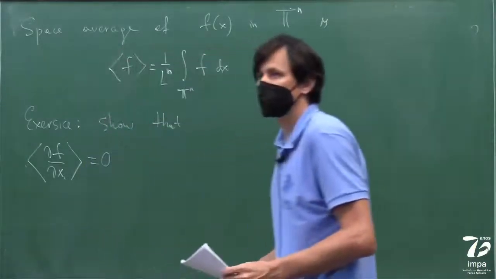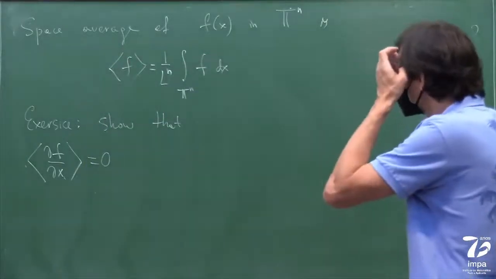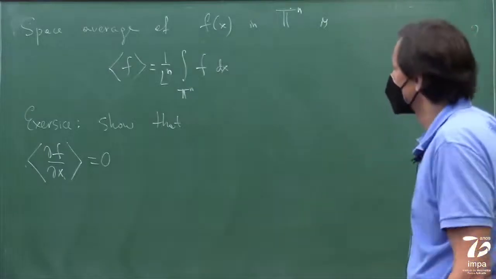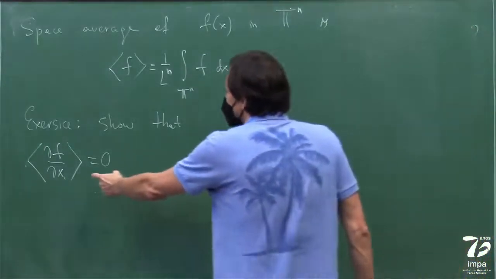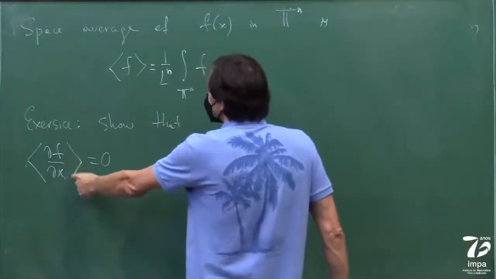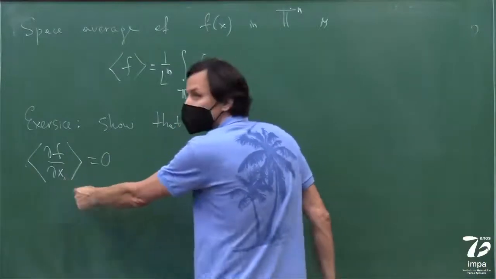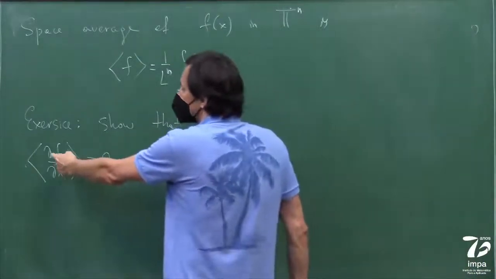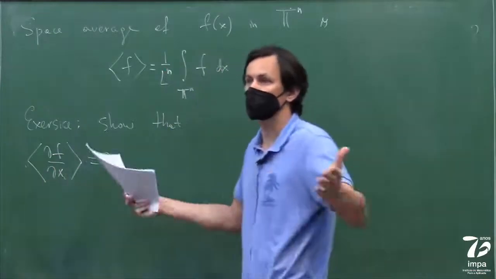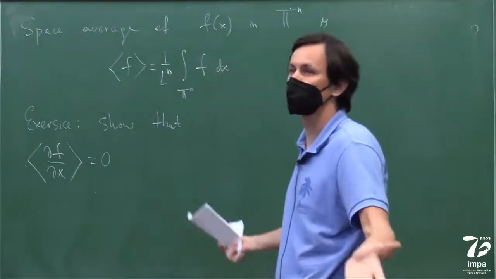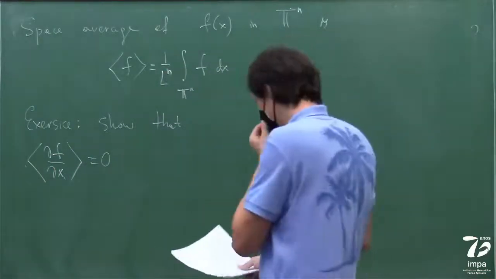This follows because when you take an average, you integrate with respect to the xi coordinate. So it's equal to the difference of the function f at two sides, but it's periodic, so 0.